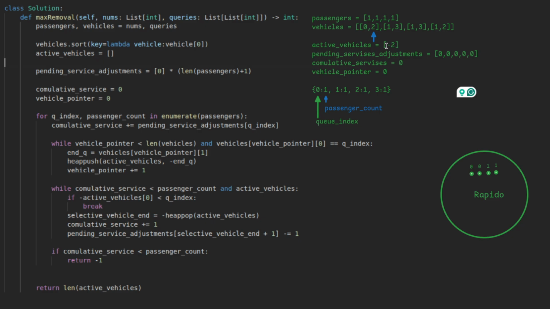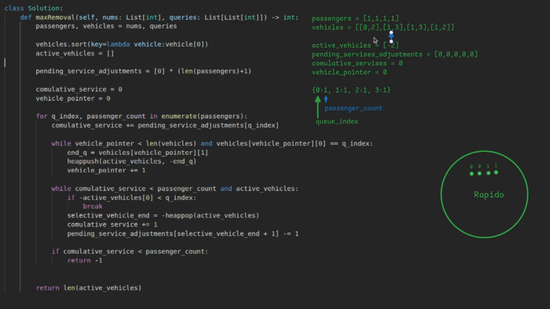This is what active vehicles does, right? And I will increase the pointer by 1, right?